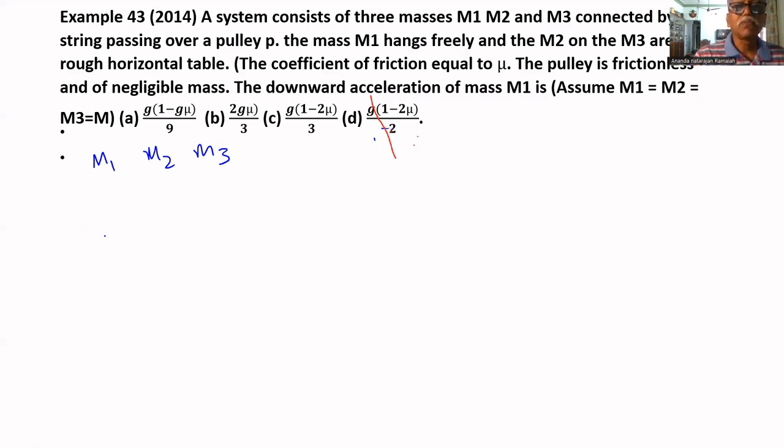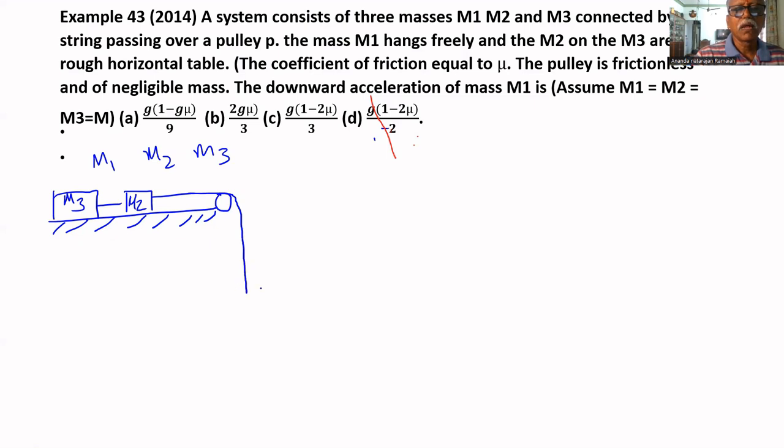The mass M1 hangs freely and M2, M3 are on a rough horizontal table. This is the table, rough horizontal table. In that M2 and M3 are on the table. They are connected by a string passing over a pulley, and this is M1.